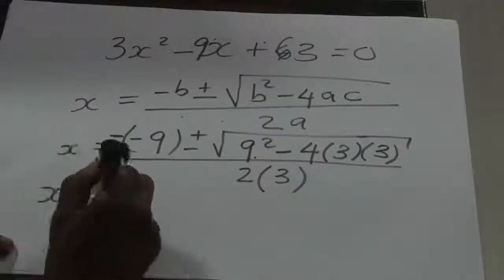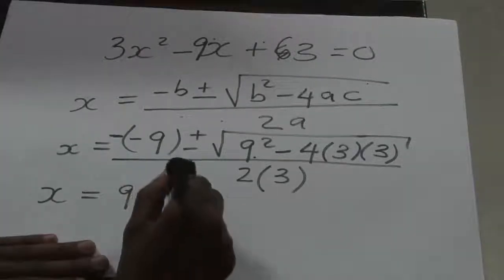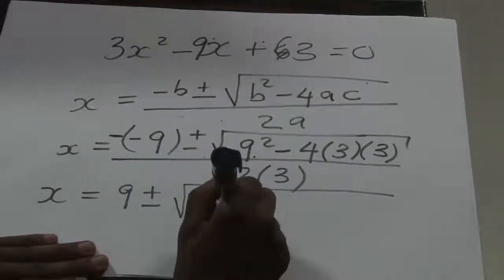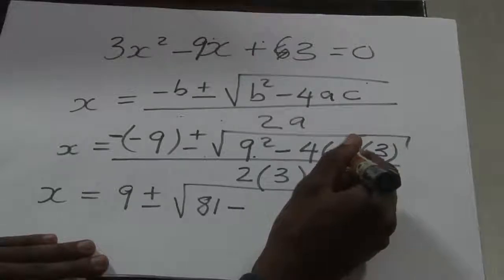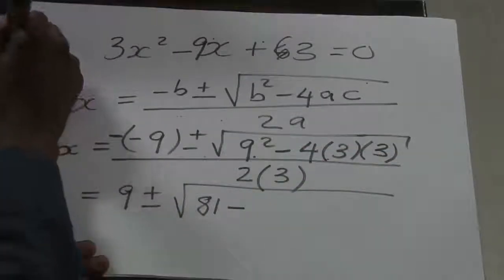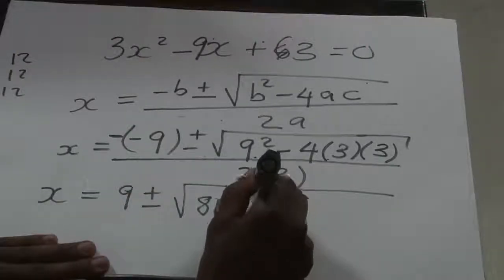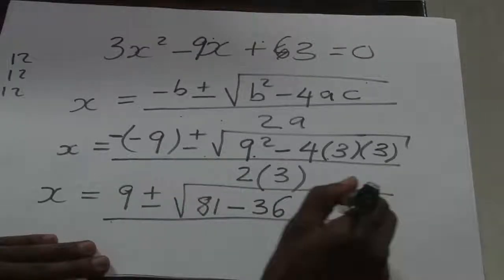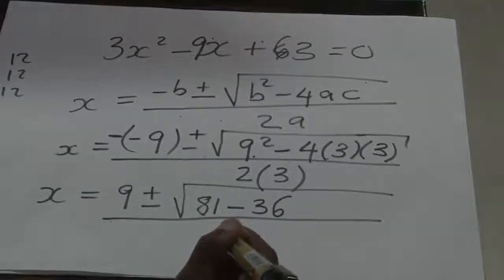We continue. Now we have a positive 9 here, plus or minus square root of 9 squared is 81, minus 12 multiplied by 3. 12 multiplied by 3, that is 36. So minus 36, everything over 6.